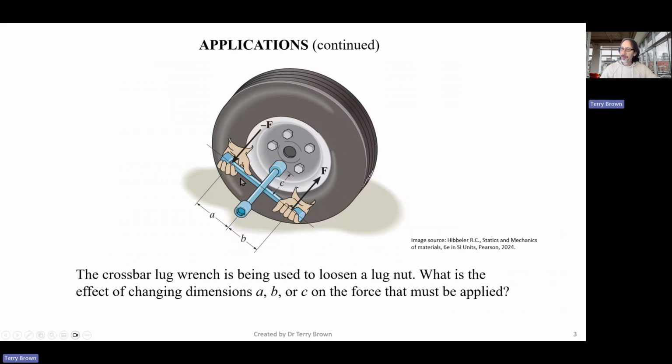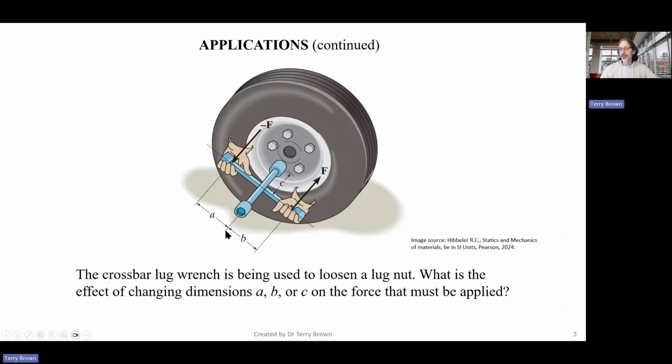Also, we have something like this where we're trying to tighten or loosen the nut on the wheel. What is the effect of changing the various dimensions here on the force that must be applied? So in terms of the torque or moment that we're exerting on the nut, if we extend this thing out here, it's not going to change anything in terms of the torque that we apply to the nut.